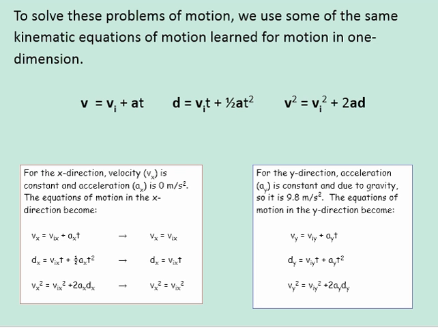Or essentially the velocity is the same the entire period of motion in the horizontal direction. In the vertical direction, we still use those same types of equations, and again, our acceleration due to gravity is known. It is still 9.8 meters per second squared. If we take it in the negative direction, it slows us down, but all the information that we've already learned from free fall is exactly what we can apply here.